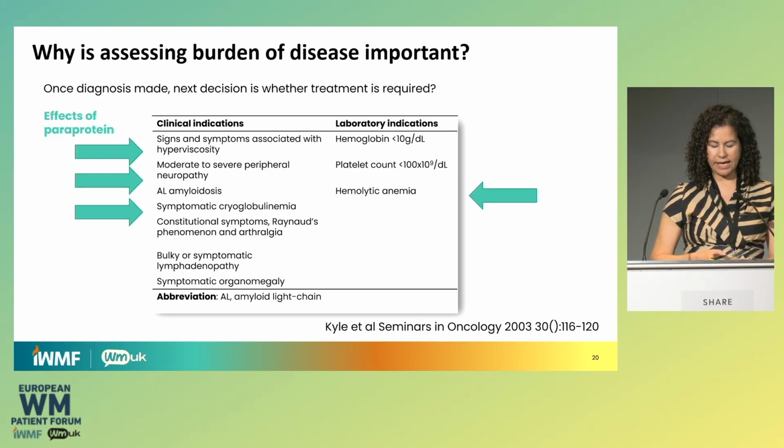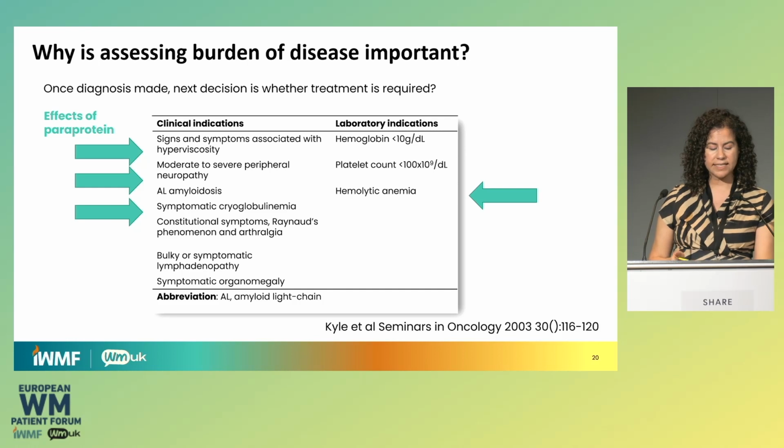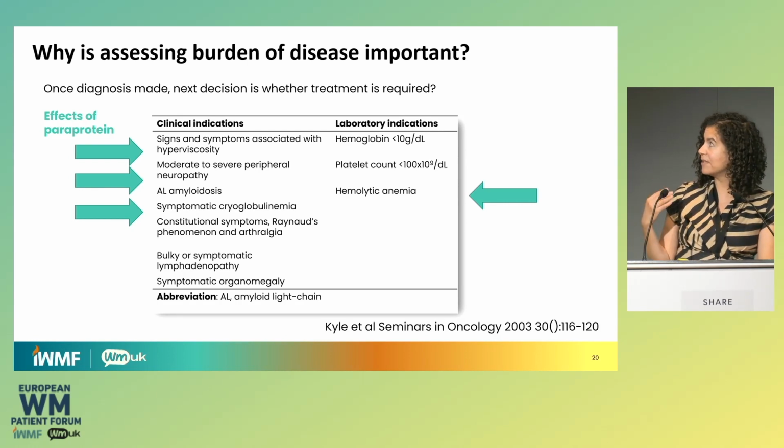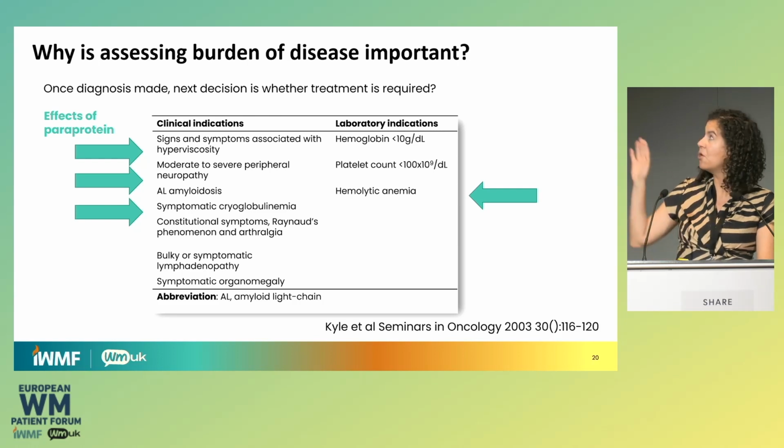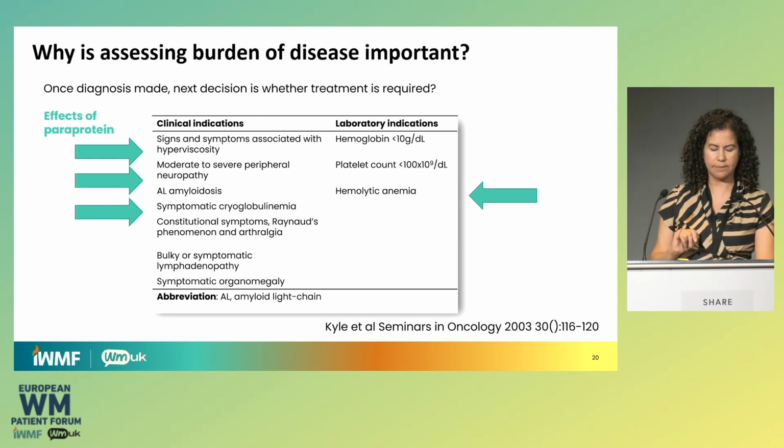And so there are international guidelines to help clinicians decide when might be the right time to treat patients. The way that I think about them, they're divided in the guidelines into clinical indications, so potentially any complications or symptoms you have related to the disease, or things that we might see on the blood tests, so the lab indications.